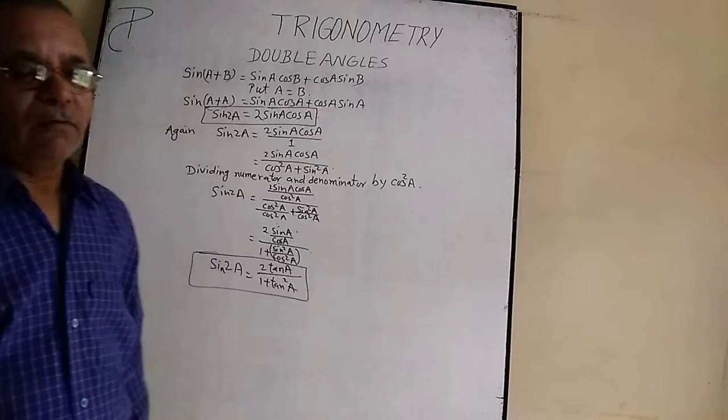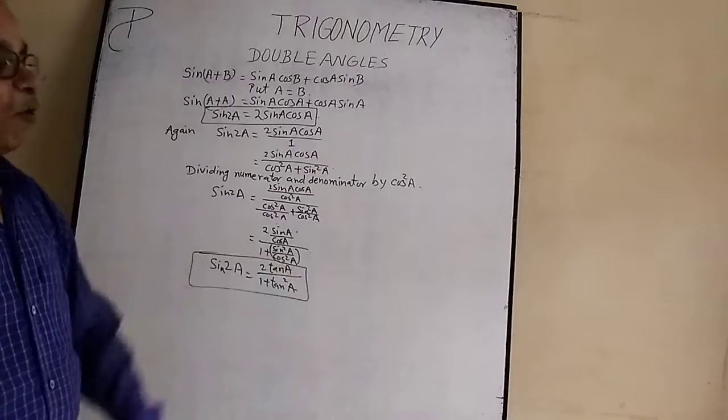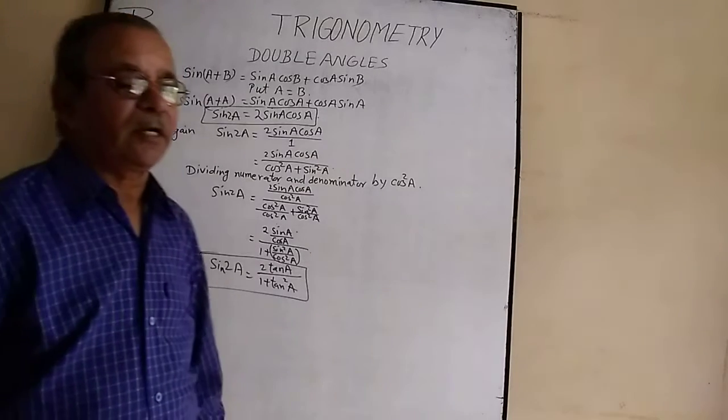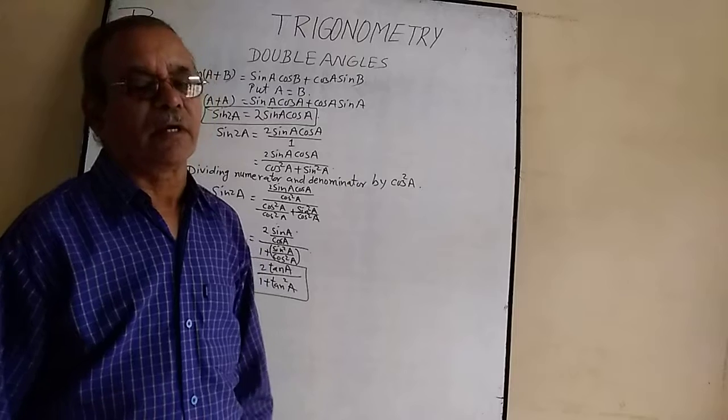Now after that we take cos 2A, with four different relations.